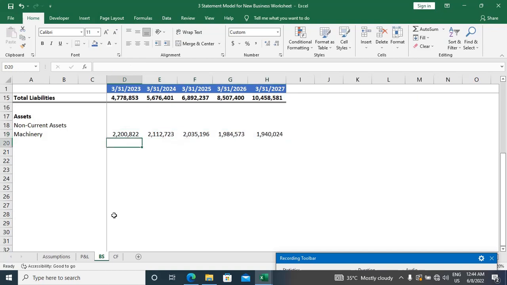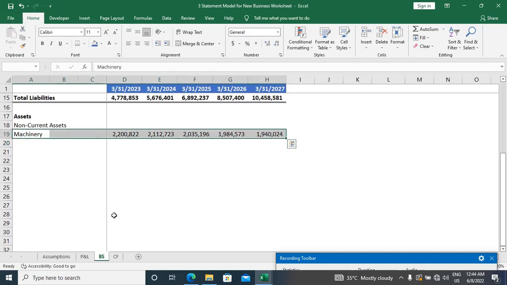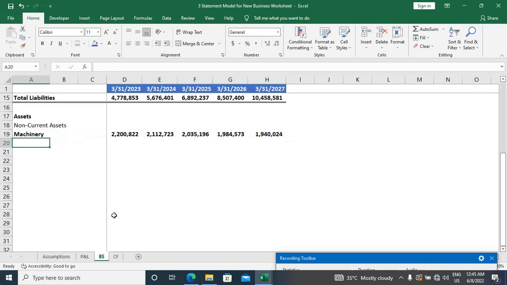Machinery. So it is the net block, then you can make it bold, up to you, control V.